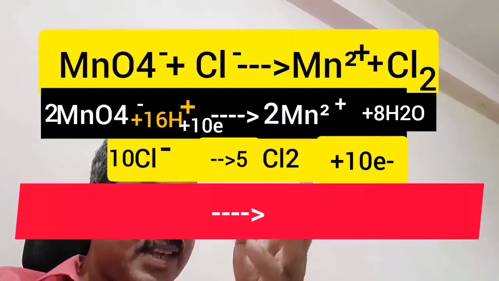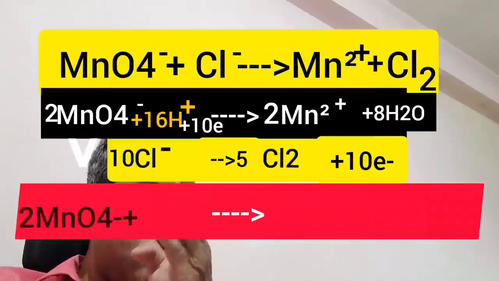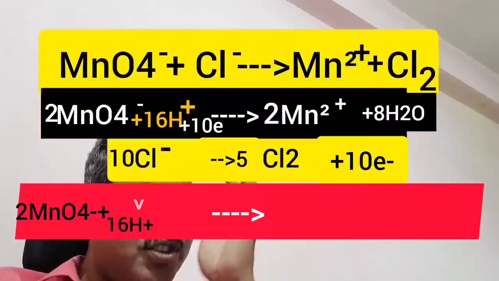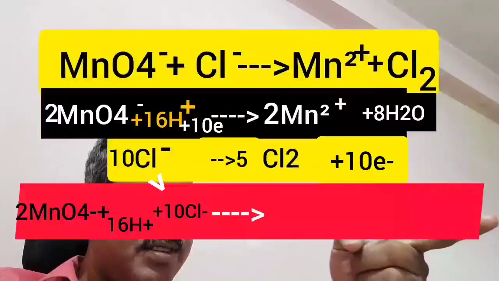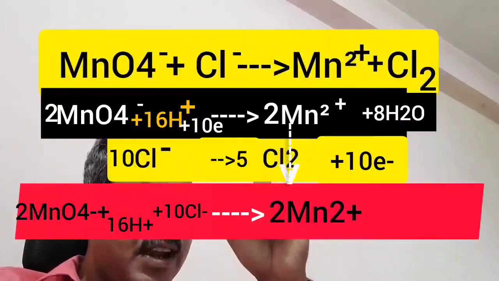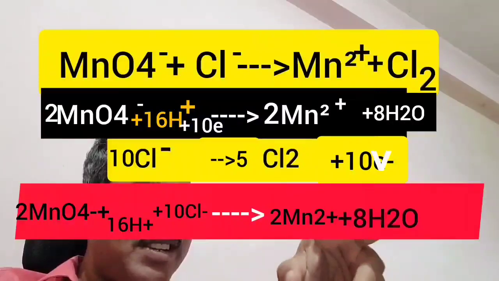Then you write on the left hand side 2MnO4 minus plus 16H plus 10Cl minus gives, on the right hand side you write 2Mn2 plus, 8 water and 5Cl2.